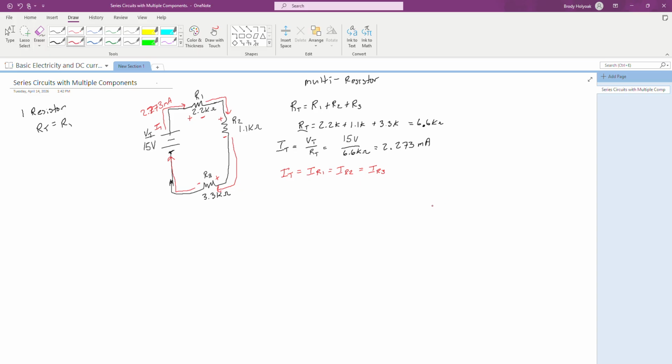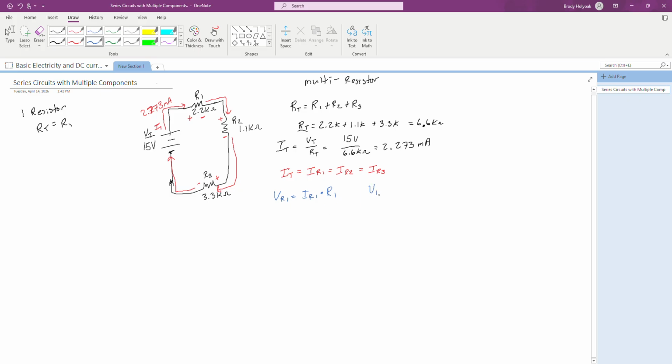All right, so now I have these currents. Then I need to find out what my voltages are across each one of these. So we can simply use our formulas to solve for voltages. The voltage of R1 is equal to the current of R1 times R1's value.